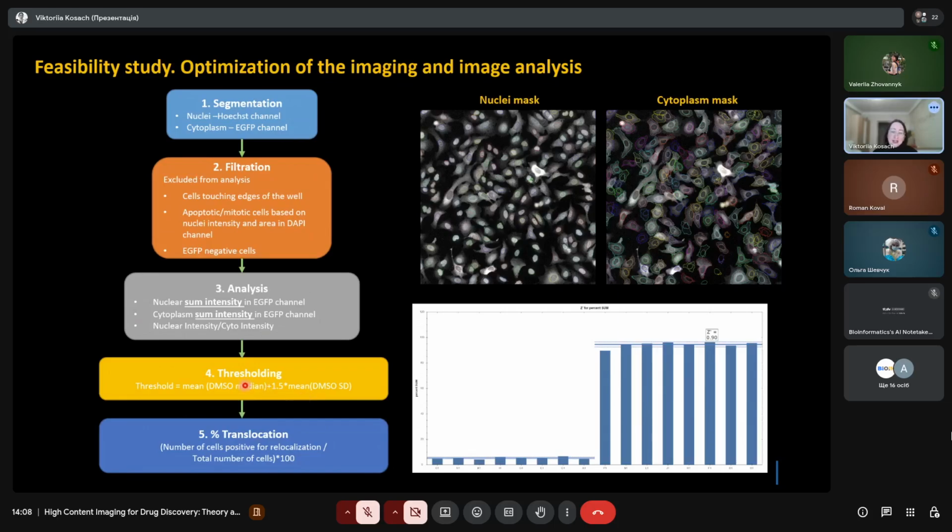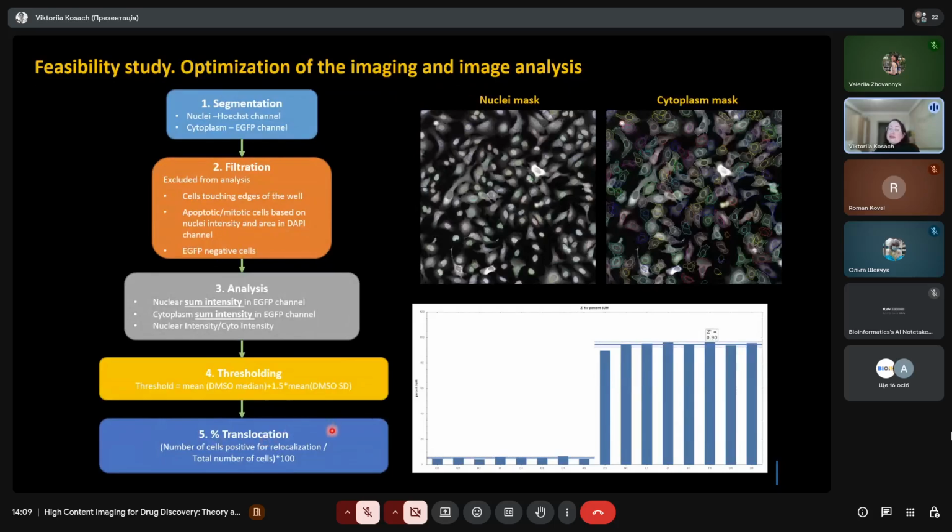This number is usually 3, but our client, after a literature search, wanted us to have a bit less threshold here. And the last step, actually this step is also very important.